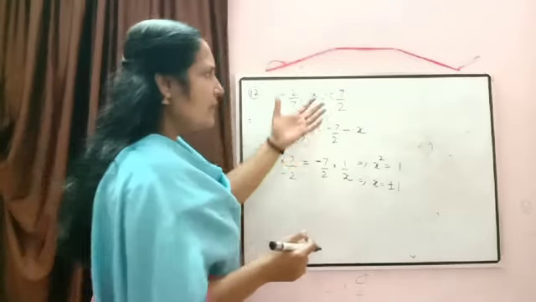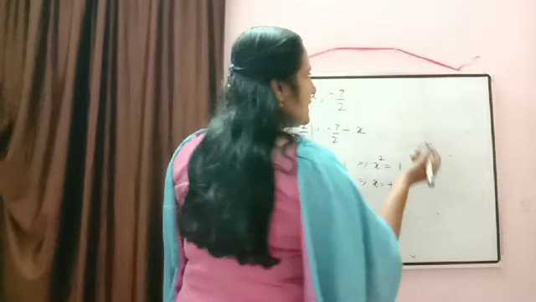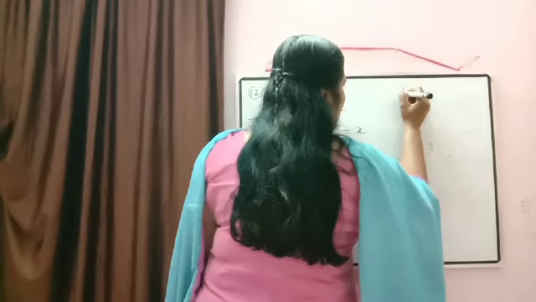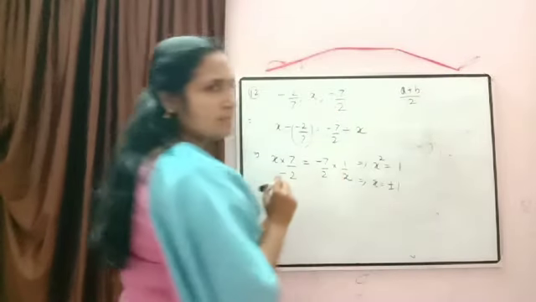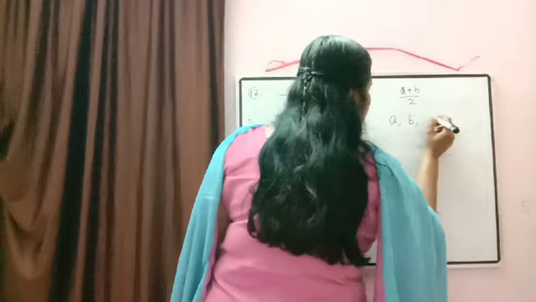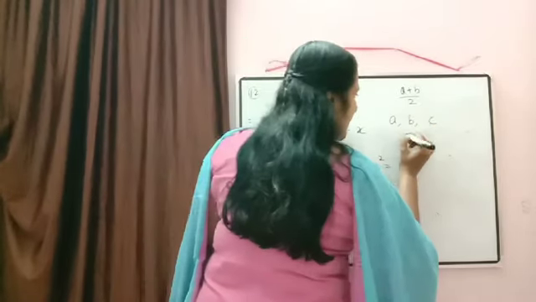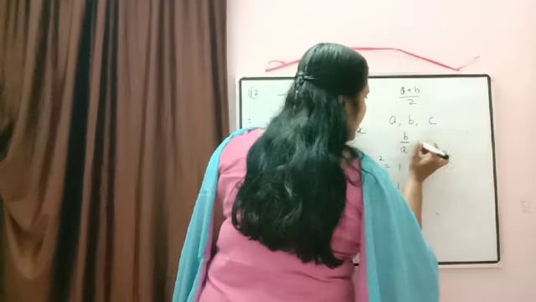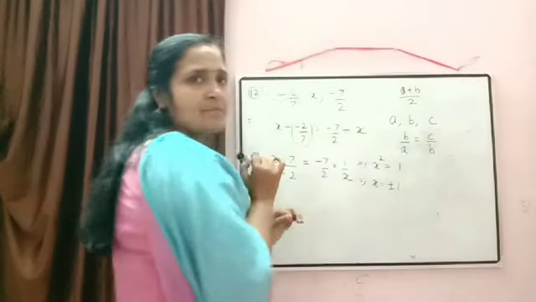Now to do this question you can use the formula also. As we wrote in AP that the arithmetic mean of two numbers is a plus b by 2, in the same way, if the numbers a, b, c are in GP, then the second term divided by first term should be equal to third term divided by second term.